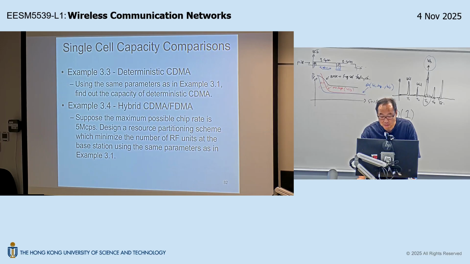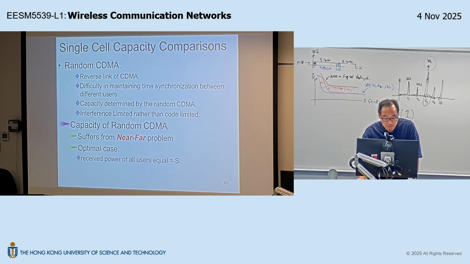All right, so now I guess we talked about random CDMA already. So random CDMA, the number of users, the capacity limit is interference limited. So how many users you can accommodate is determined by how much interference you can tolerate. Because each time you introduce a new user, it will increase the interference level a little bit by delta, right?